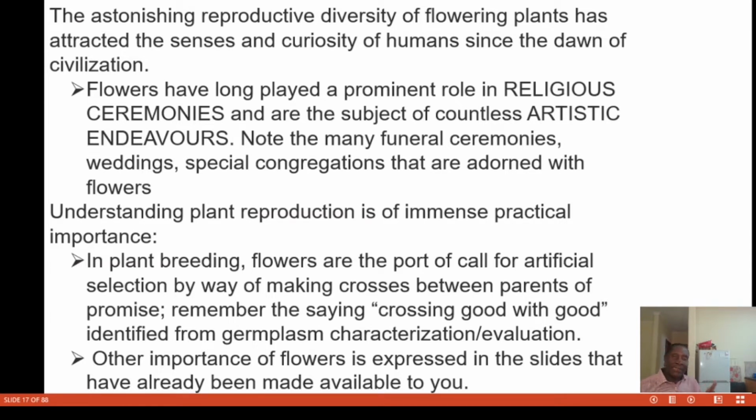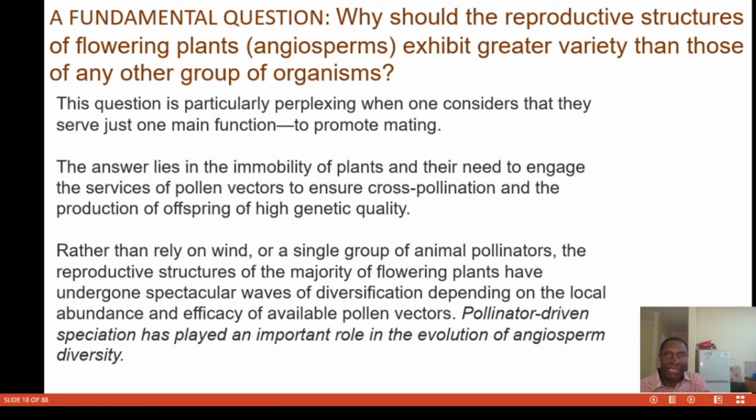Remember the saying, as I've already mentioned, crossing good with good of the identified germplasm accessions from characterization and or evaluation. The importance of flowers is expressed in the slides that have already been made available to you and the ones we have seen and will see.